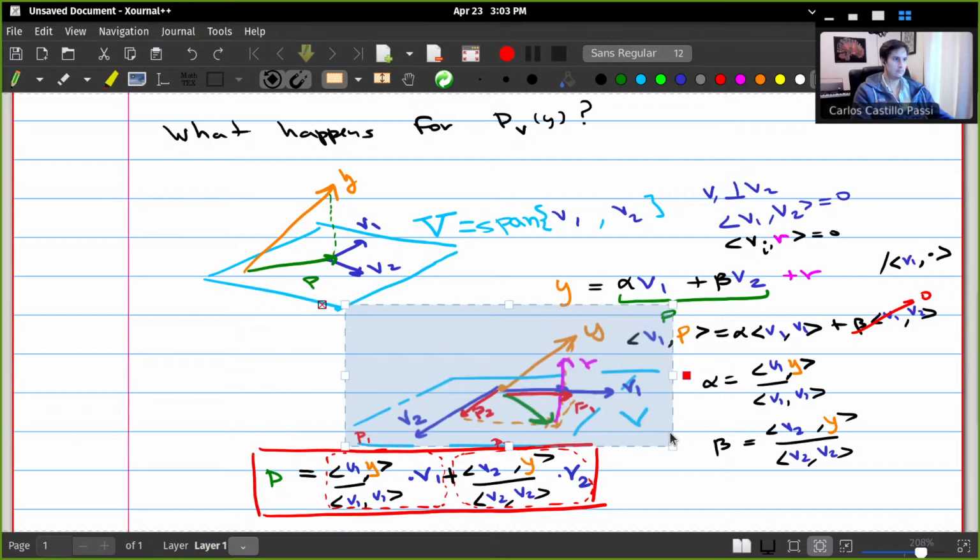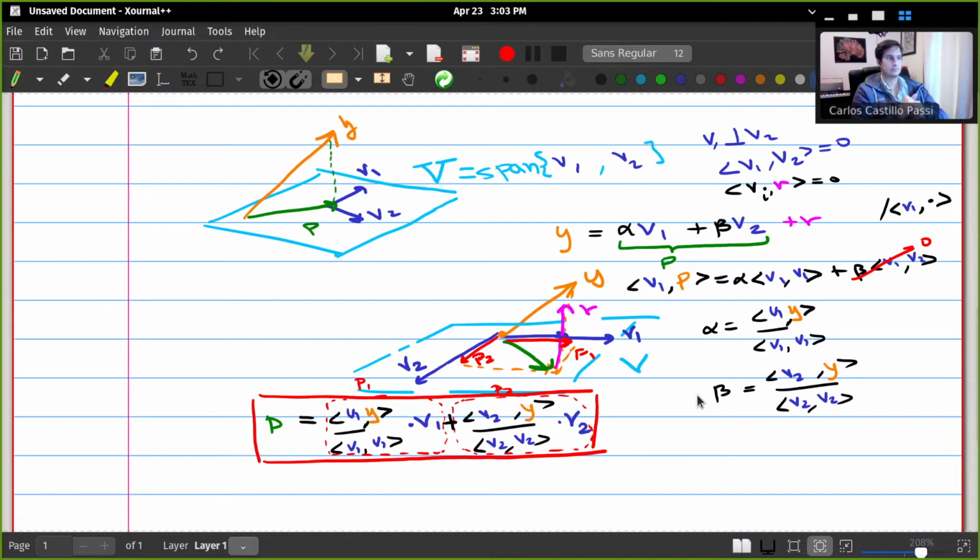Carlos, I have a question. Yes. I think I didn't get why the vector r doesn't appear in this relationship to get alpha and beta. That's a good question. I did it very fast and I skipped a step. This vector r, when you do the inner product with v, it also appears here, right?